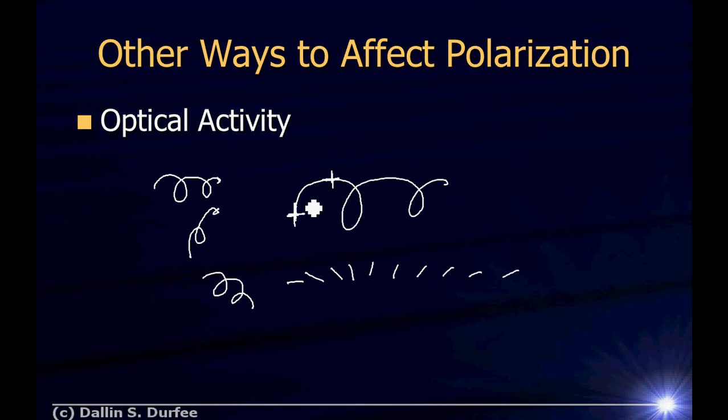And what you can do is actually get the light to rotate its polarization. So if you have sugar water, and I've tried this, it takes a lot of sugar to really see this effect. Best thing to try, Karo syrup. Put Karo syrup in a bottle, shine polarized light through it, the polarization will rotate, and the further it goes through it, the more it will rotate. All right?